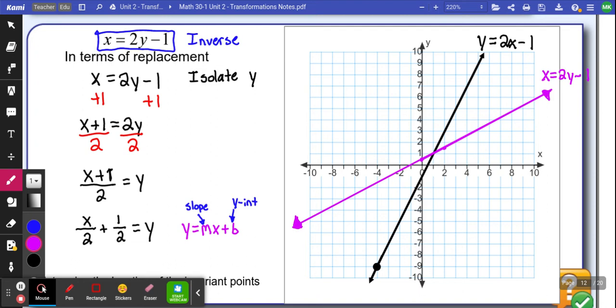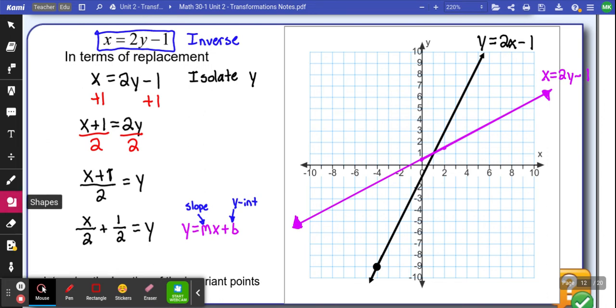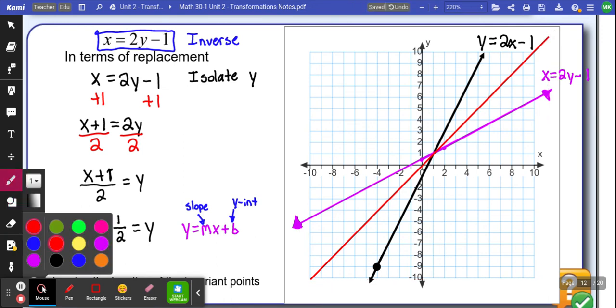So if you drew an imaginary line called the x equals y line or y equals x line right here. This red graph, I'm going to call y equals x.